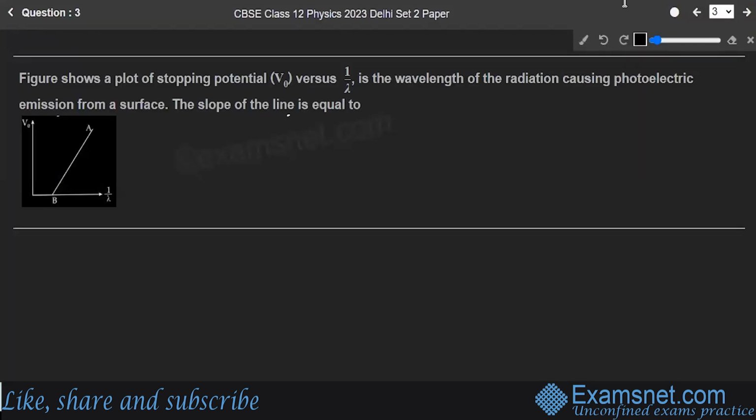Question number 3, figure shows the plot of stopping potential V naught versus 1 upon lambda, where lambda is the wavelength of the radiation causing photoelectric emission from a surface. The slope of the line is equal to.